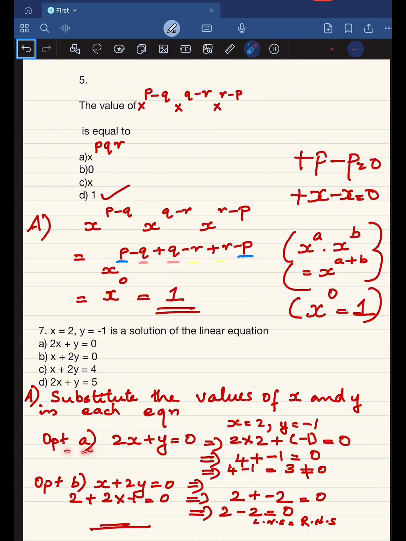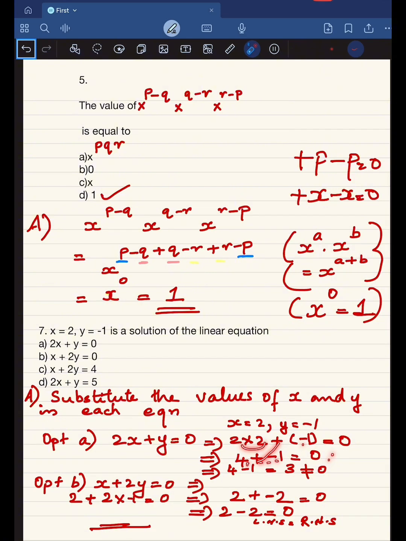First of all, option A, 2x plus y equal to 0. So you have to put x equal to 2 and y equal to minus 1 in this expression. We get 2 into 2, because x equal to 2, plus y, here plus minus 1, because y is equal to minus 1, equal to 0. So 2 into 2, 4, plus minus 1 is equal to 0.